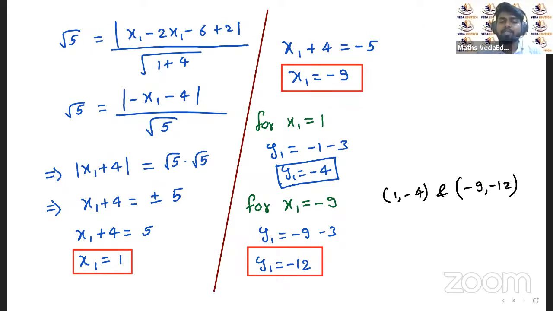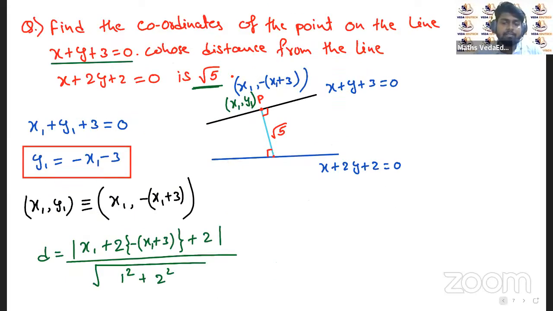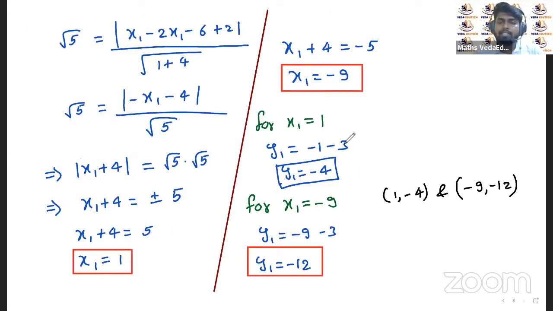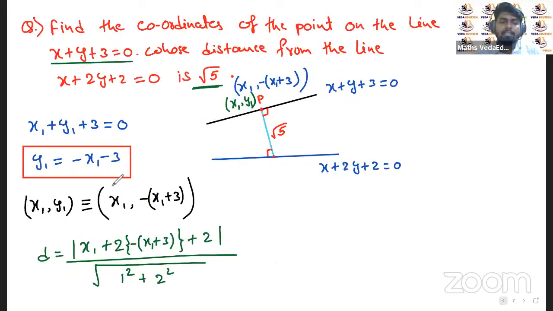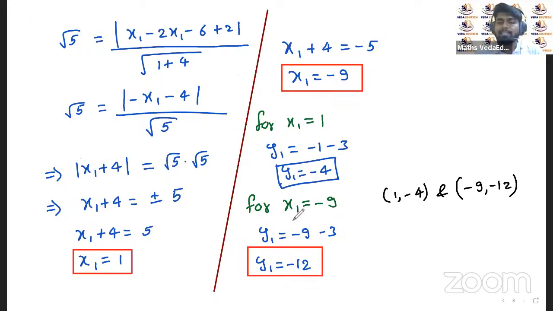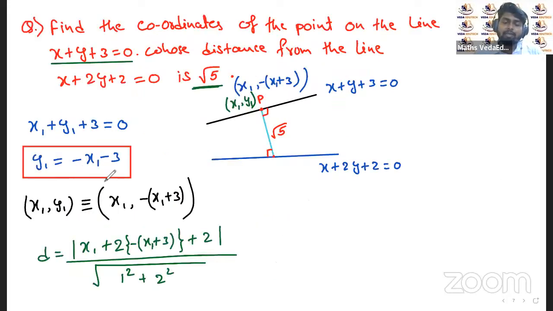I think we have done. So x1 is minus 9, and here we have one more minus sign.